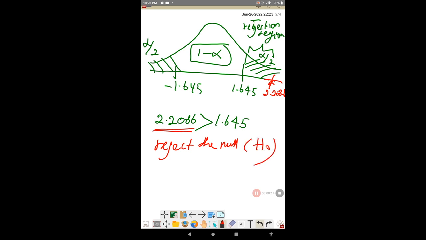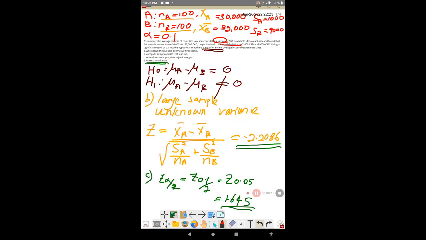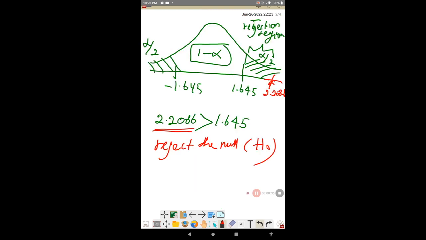Again, we can conclude that there is a significant difference. We reject this. It means that there is a significant difference in average income between city A and city B. So there is another thing I want you to know.